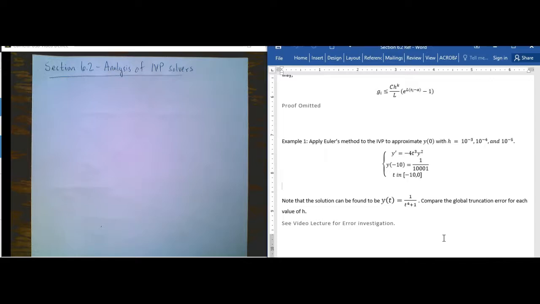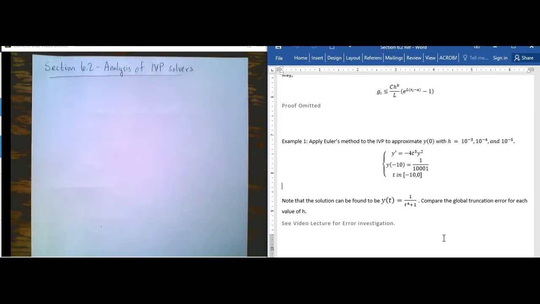So here we have our derivative function, negative 4 t cubed y squared. Our initial condition at t equals negative 10 is y equals 1 over 10,001. And our interval on t is negative 10 to 0. So we're looking at the solution at the very end of that interval.